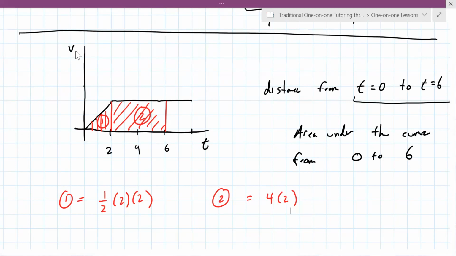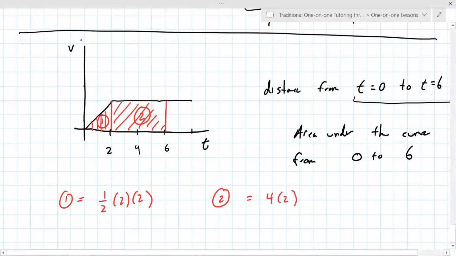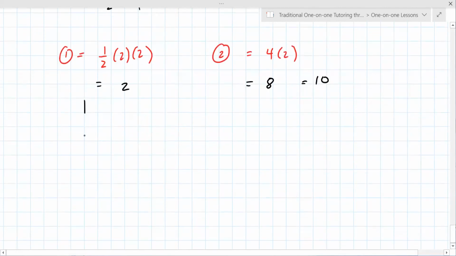So this one gives you 2, this one gives you 8, and that gives you 10. Is that clear so far? Yeah. Okay.